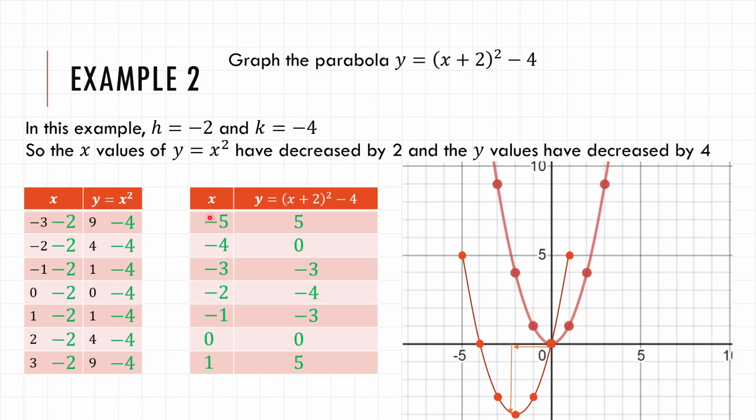That's where it used to be. Now it's at -5 and 5. The next point used to be at -2 and 4, which is right here. And now it's at -4 and 0, which, yes, we figured that out. So instead of transforming it by shifting things over, I can just use a table of values to find out the coordinates of the quadratic after it has been moved around.